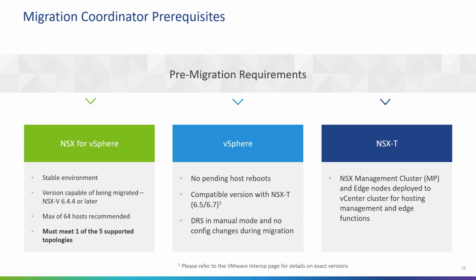But if you're just doing, let's say, firewall rules, because there are plenty of customers out there right now that have NSX-V and they're not doing the networking and they are utilizing the distributed firewall, that's probably a pretty good candidate for the in-place move to T, as long as, of course, you make sure that the rules you're using match up with what can work in NSX-T as well. So there may be some adjustments that you have to make. But yeah, here are some of the prereqs for the migration coordinator in-place upgrade.